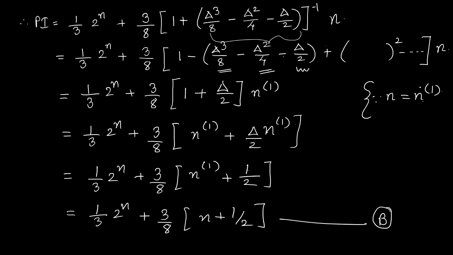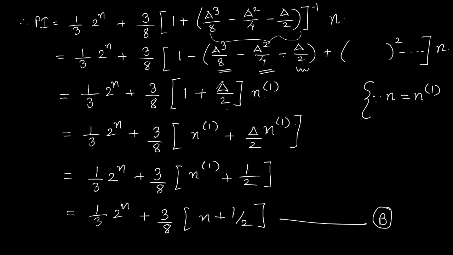Now here we convert n into factorial notation, n equal to n to the power 1 factorial, therefore we consider terms up to delta only. Therefore here 1 plus, because minus minus becomes plus, delta by 2 n to the power 1 factorial. All other derivatives or delta values are 0 for n to the power 1 factorial.